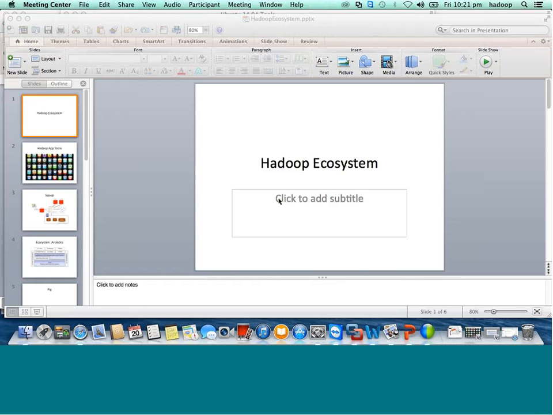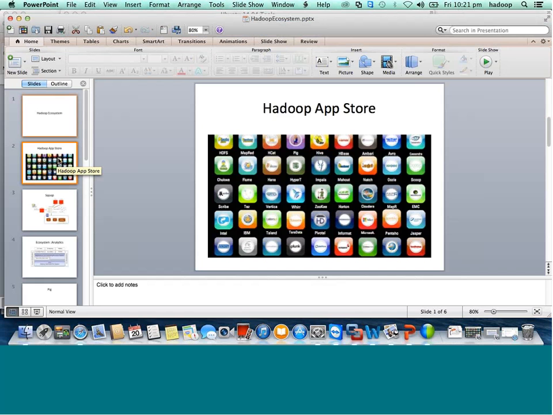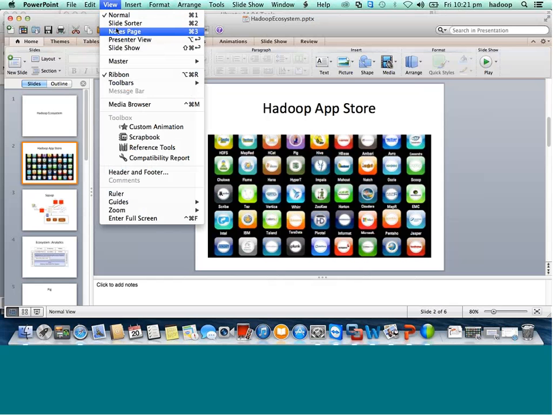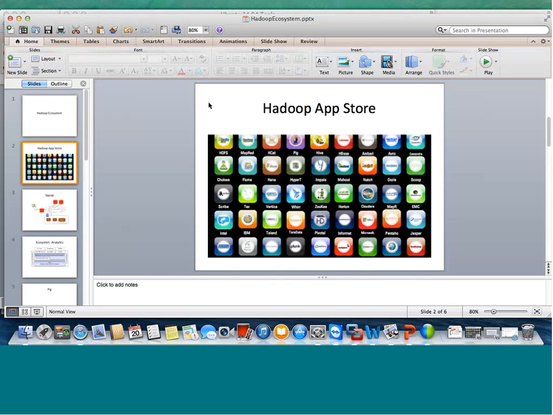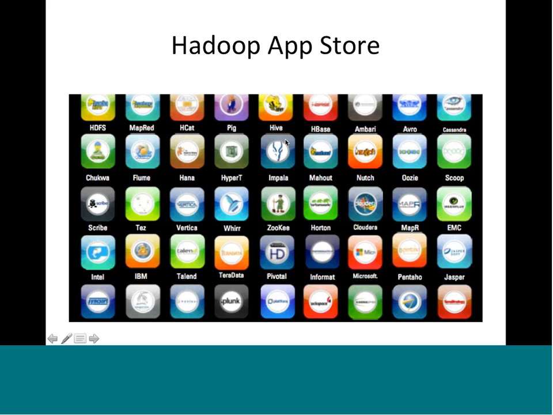But yes, as I told you, a bit of development exposure is also needed. So this is once your Hadoop cluster is set. Now, if you see this particular slide, we call it the Hadoop App Store. Why? Because these ecosystem products are going to help us in satisfying our needs.